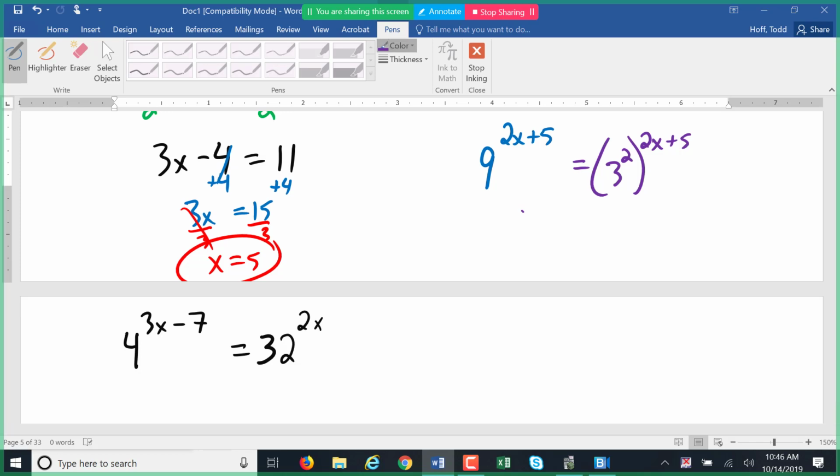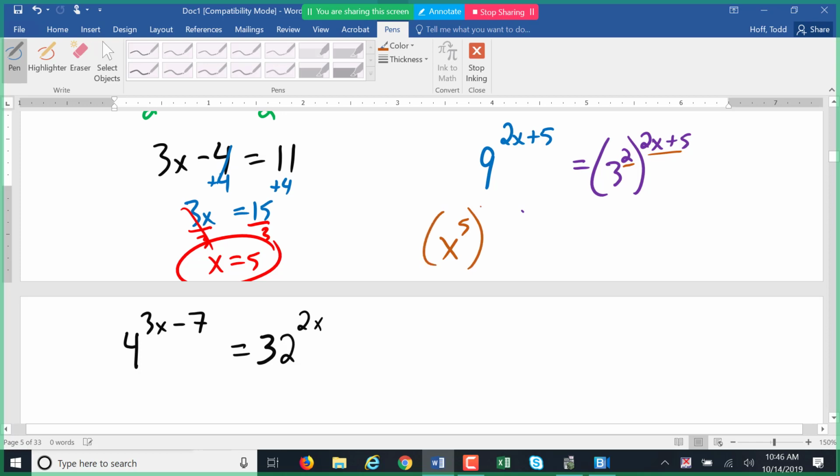Well, what has to happen with these powers? I have two powers on that exponent. Remember, a power of a power, what do we do with the powers? Multiply them, yeah. X to the 5th to the power of 7, that's x to the power of 5 times 7, or x to the 35th. Same thing happens here.